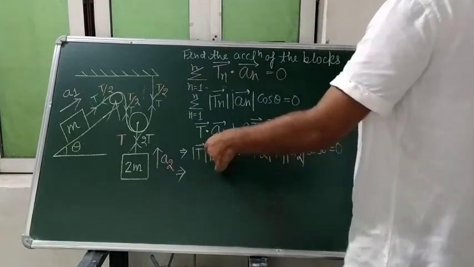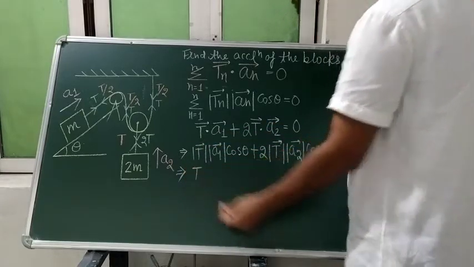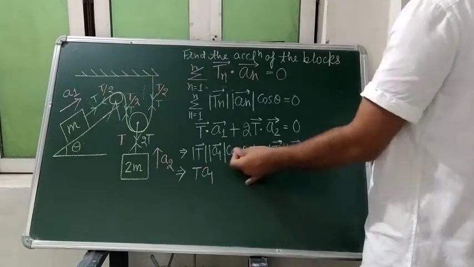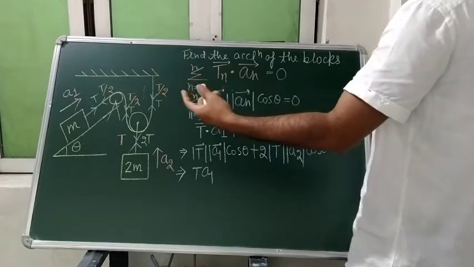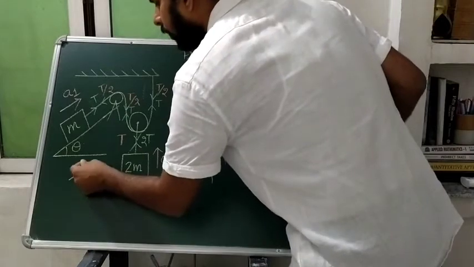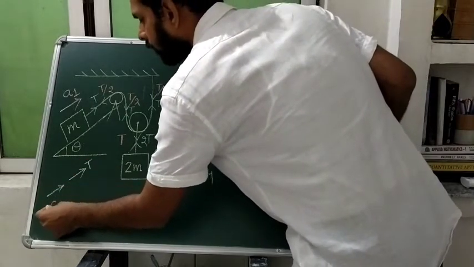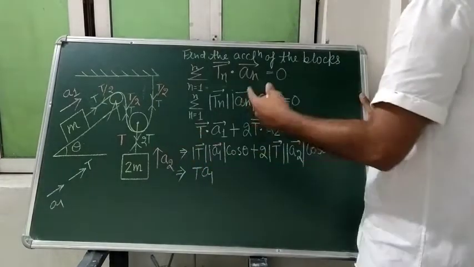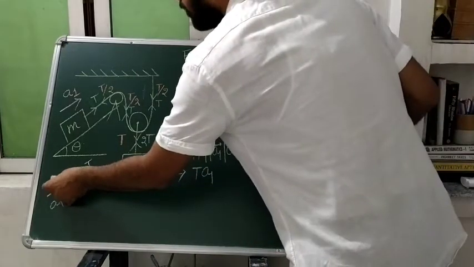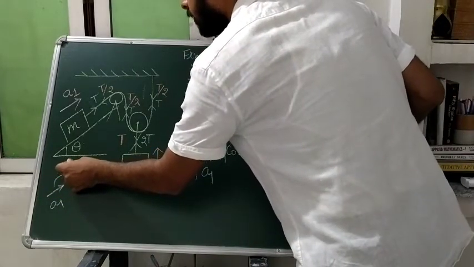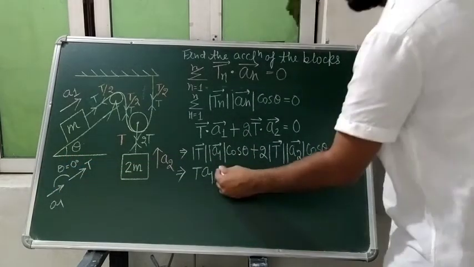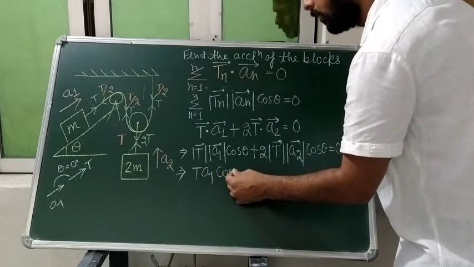Suppose the magnitude of this tension is T and the magnitude of this acceleration is A1. When you look at theta there, T and A1 are on the same side, on the same line of action. Of course we can shift the vector, so they are in the same direction, and the angle between them will be 0 degree. So we can write cos 0.